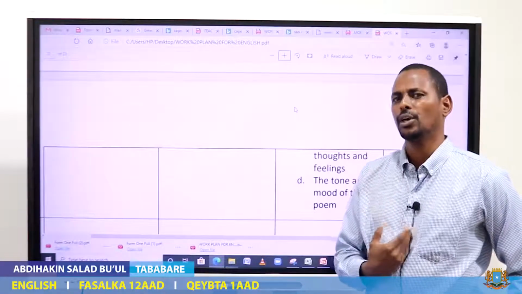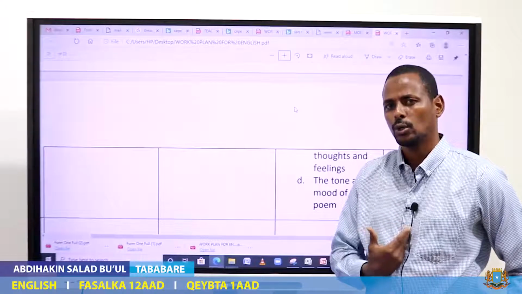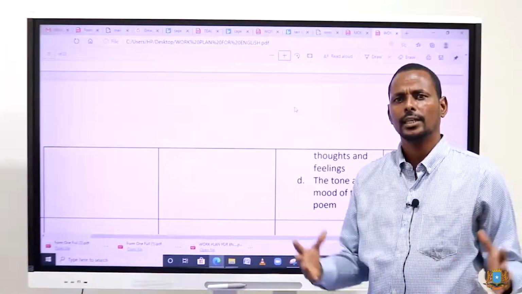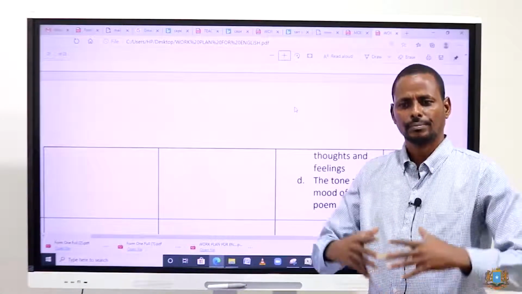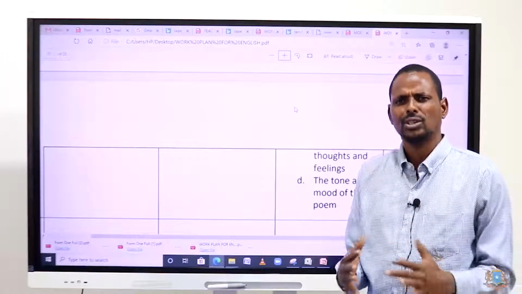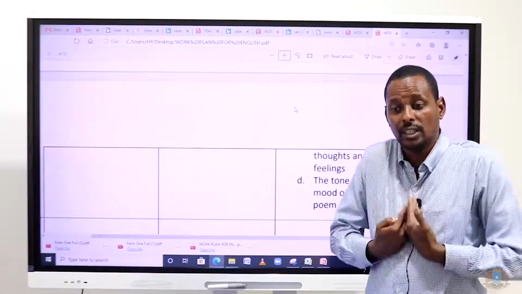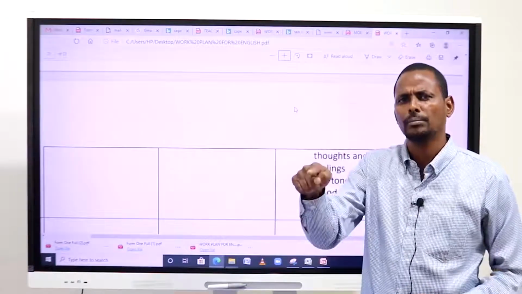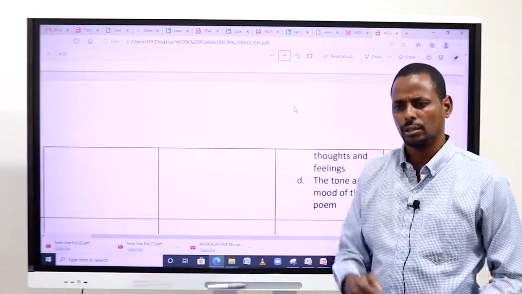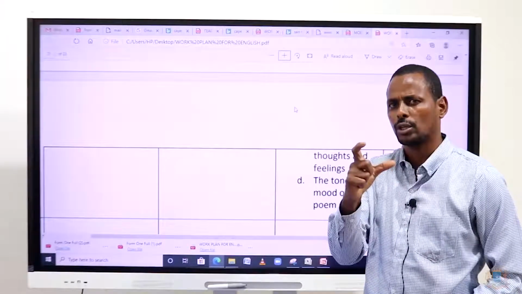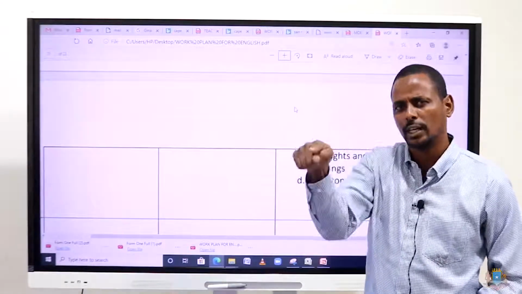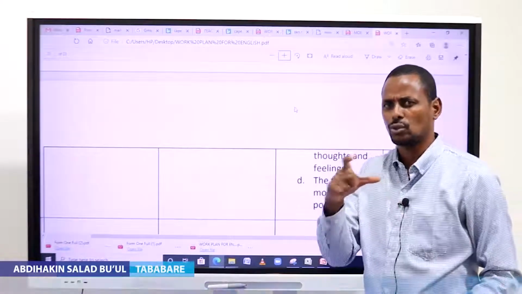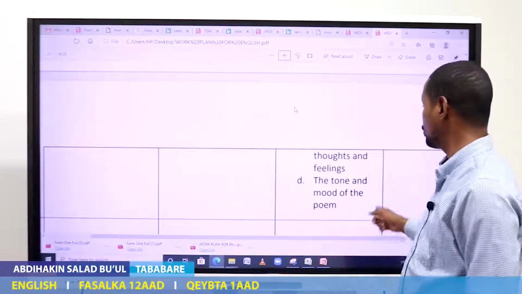This boy, because your tone was polite, it was not carrying a strong expression. It was a mild expression. You showed that you don't like him coming late, yet you don't want to show him that you are annoyed. So you use the tone that is going to make him understand his mistake without offending his feelings. See? So tone will make you understand the mood of the poem.